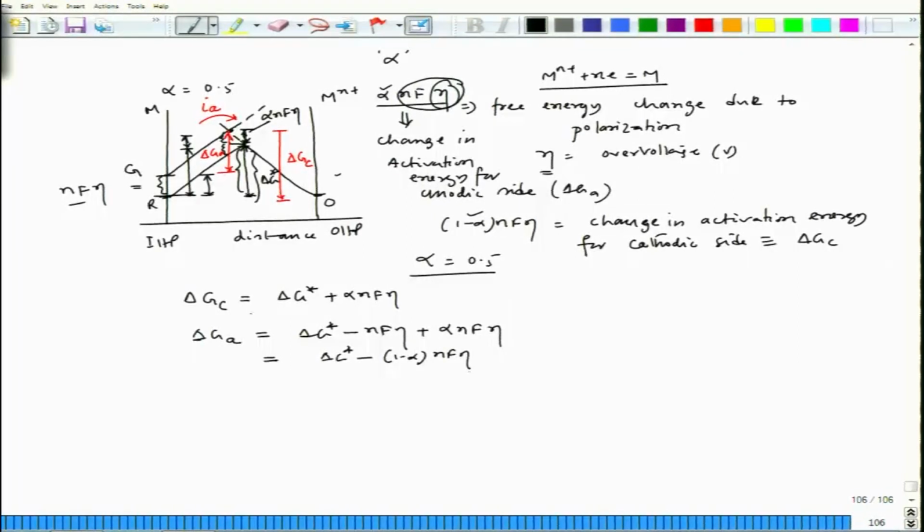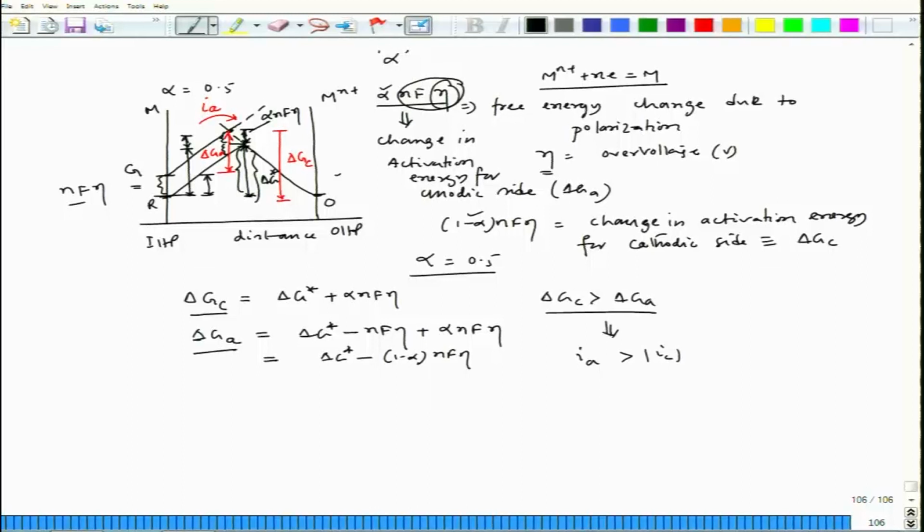Now, you could see that this value is greater than delta G A. Hence, it would lead to I A greater than I C. We are taking mod because we have assumed that this is a negative current, meaning the flow is opposite to the anodic current.